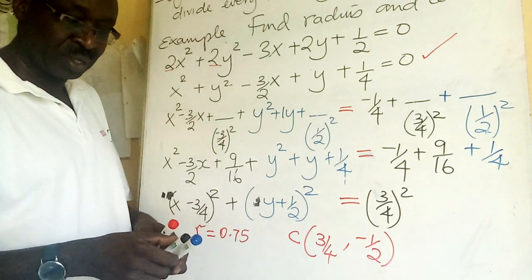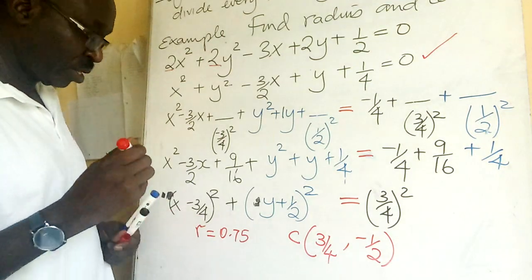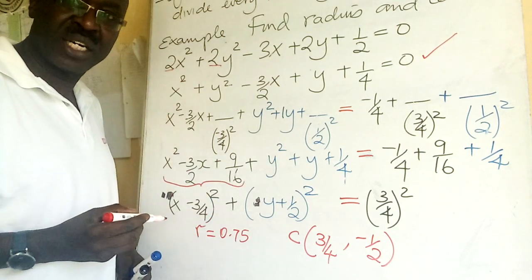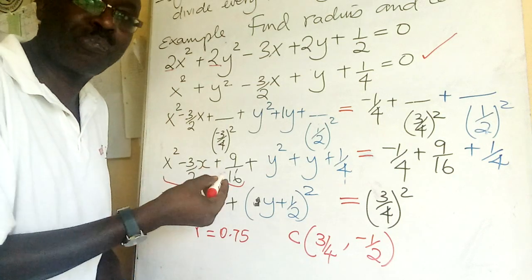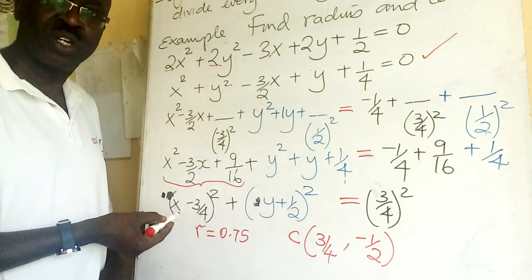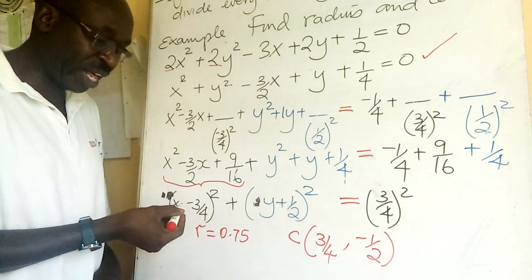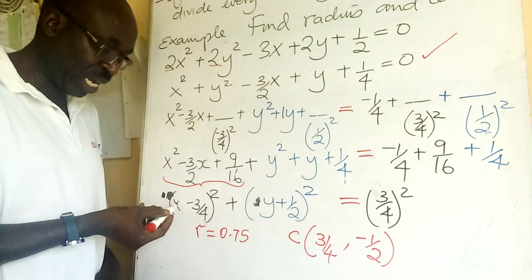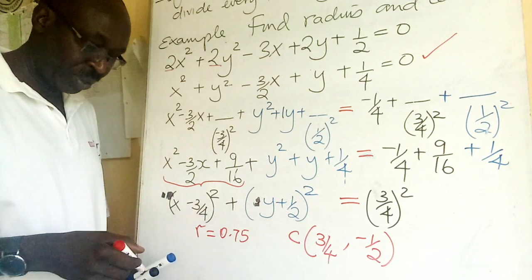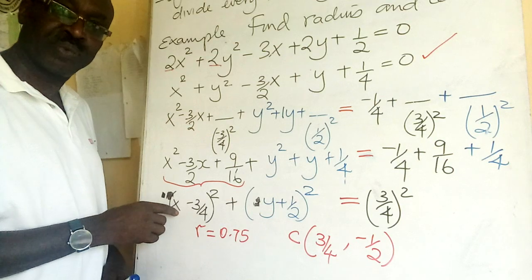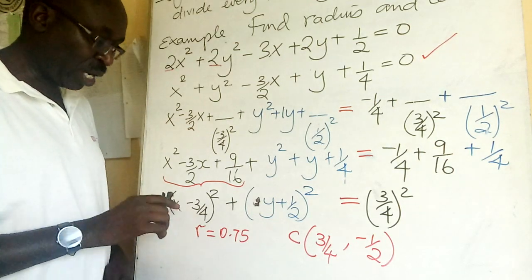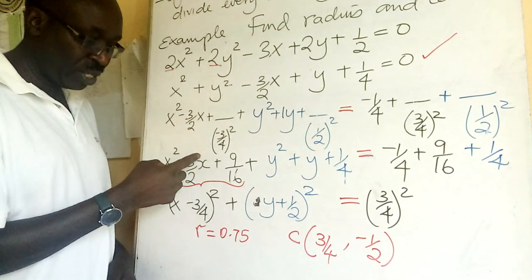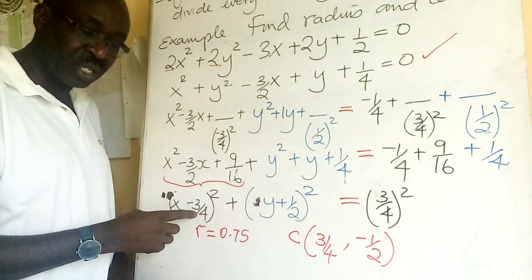What next? We are dealing now with this. That is an expansion of this. So essentially you are going to get the mother who gave birth to this. The mother is x minus 3 over 4. You can confirm this squared is this. How do we get this? It is this times a half.